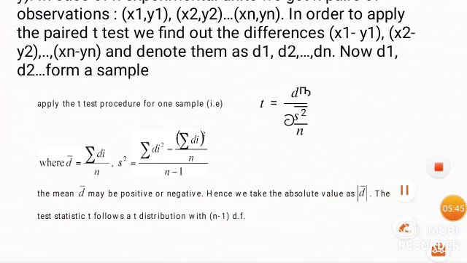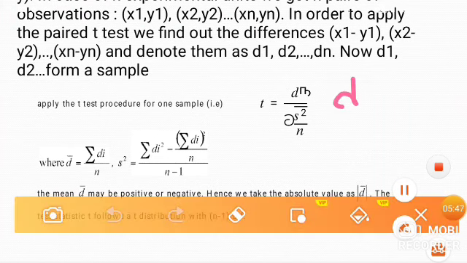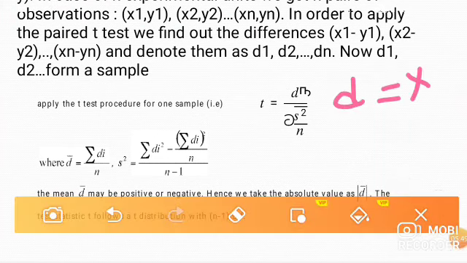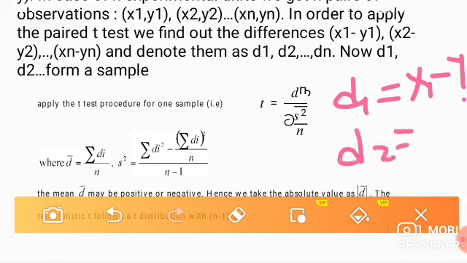What is di? di is equal to x minus y. For d1 we find x1 minus y1, d2 equal to x2 minus y2.